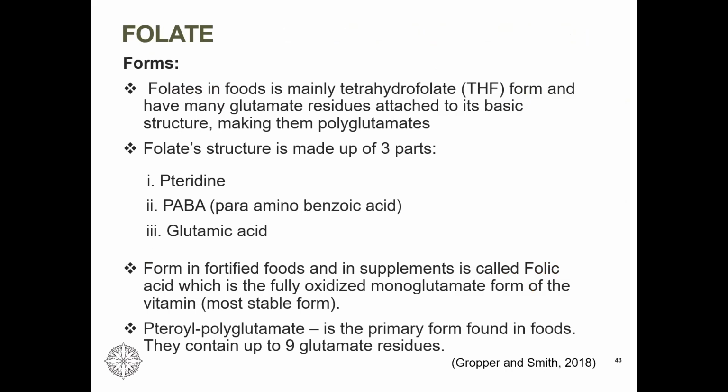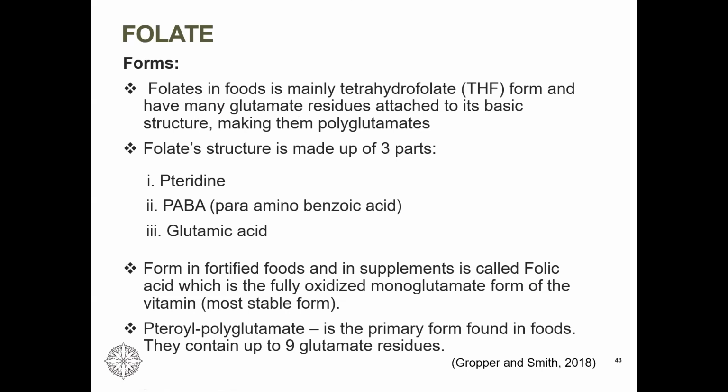One of our favorite. It's my favorite for sure. Now, a little complication here regarding the forms, and I know there is a lot of data and literature out there, and we can discuss that. So folate, there are actually over 150 different forms of folate.